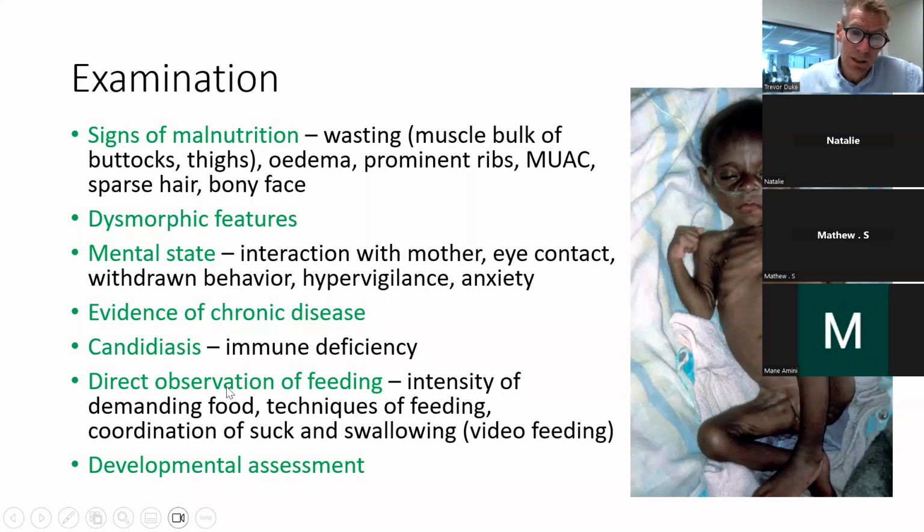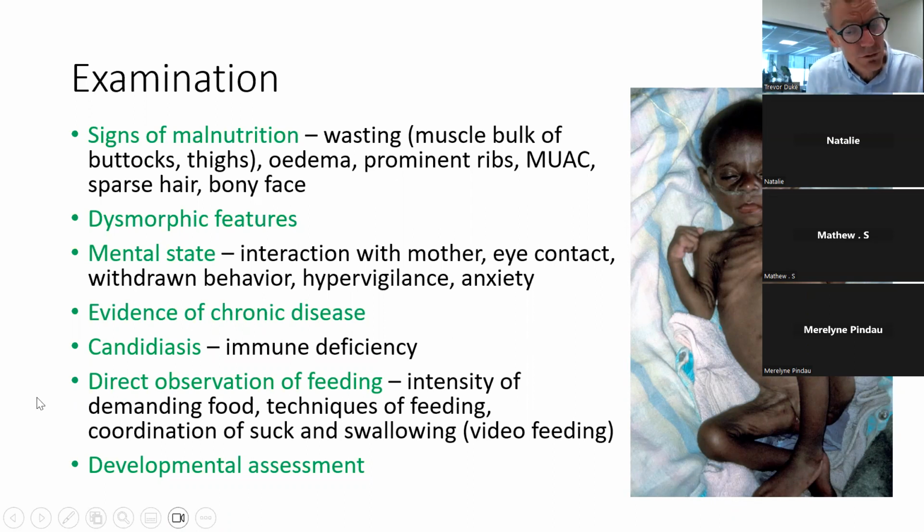Look, as I said, for candidiasis. It's not uncommon for children to have a bit of oral candidiasis, but if it's really thick plaques in the mouth and in the throat, then that suggests an immune deficiency of some sort, and it can suggest HIV, or it could suggest some other chronic immune deficiency.